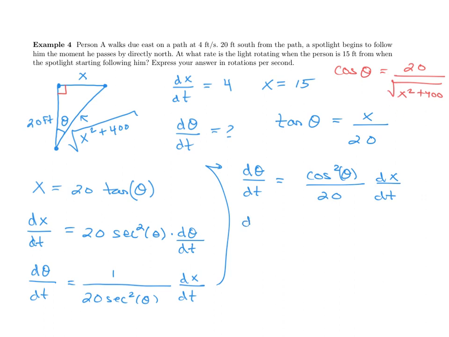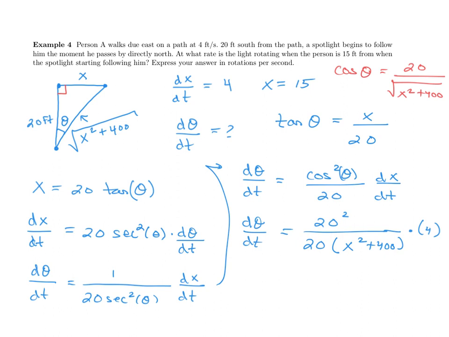And this gives us dθ/dt is equal to, all right, so we get 20 squared in the top. There's still a 20 in the denominator, which I'm going to copy down. And then in the denominator, we're also squaring the square root of x squared plus 400. So that's x squared plus 400, just without the square roots. And then dx/dt, we're told, is equal to 4.